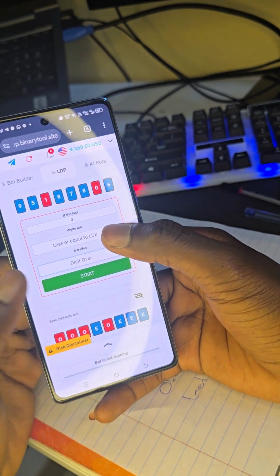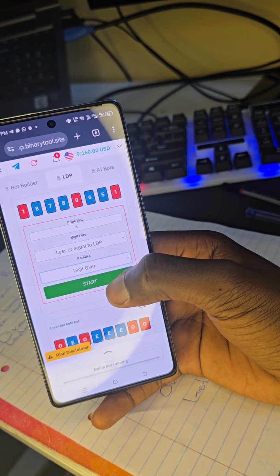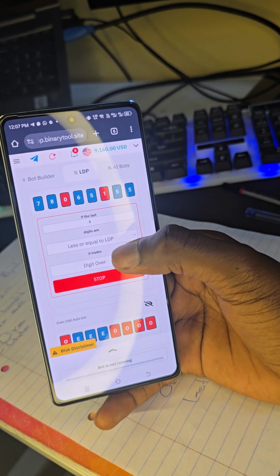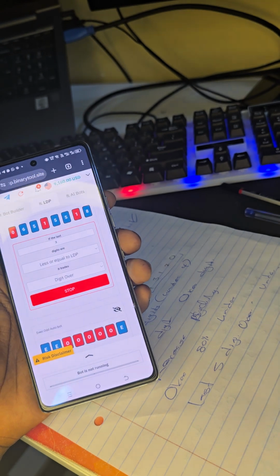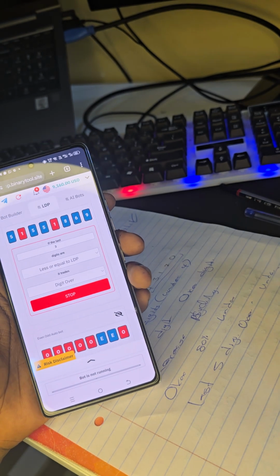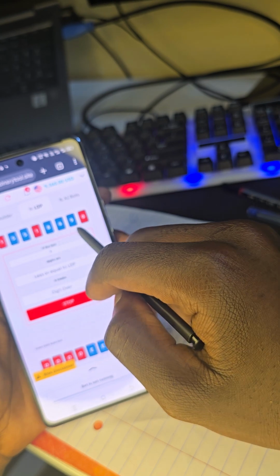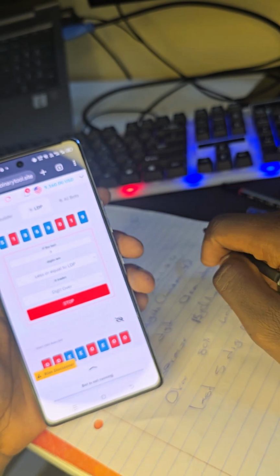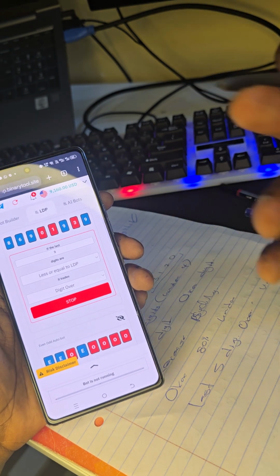So if zimekuwa under digits, then nataka ichukue an over trade, na kama zimekuwa over then zitachukua under. So nataka tuangalie this pattern here. So hata ukiangalia this pattern, ukiangalia hapa mostly the last 3 digits zilikuwa over, so the next one ikakuwa under. So utapata hiyo pattern it will continue breaking, it will continue changing.